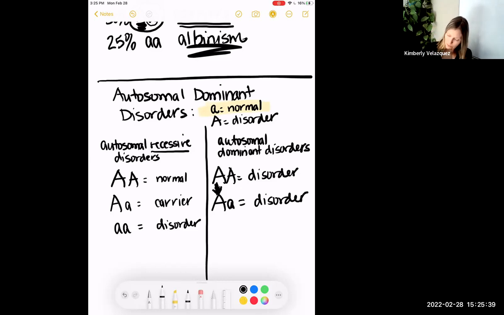So the only way an individual could be normal is to get two normal copies of the gene. The way you can tell the difference is if an individual is heterozygous and they don't have the disease, it's following this pattern. If they're heterozygous and they do have the disease or disorder, then it's following this pattern. So that becomes a little more confusing.